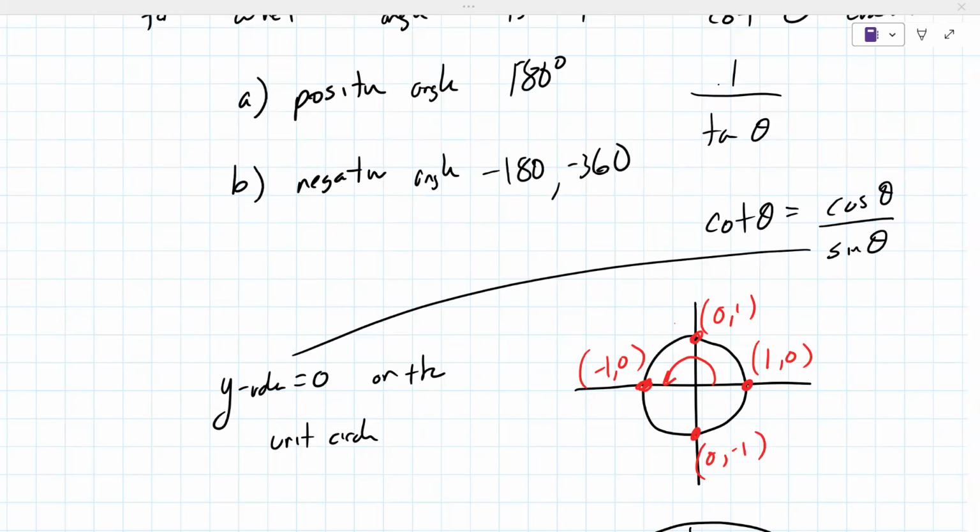But wouldn't negative 180 also work? Or negative 360? Or a negative angle, sure. What's the difference between positive angle 180 and negative angle negative 180? They get you to the same place.